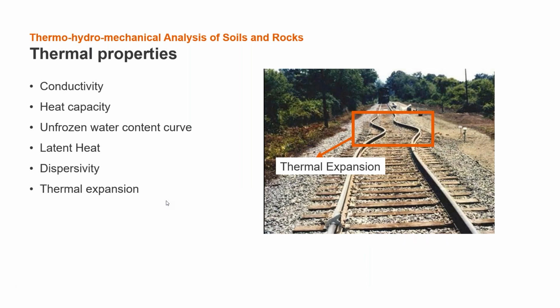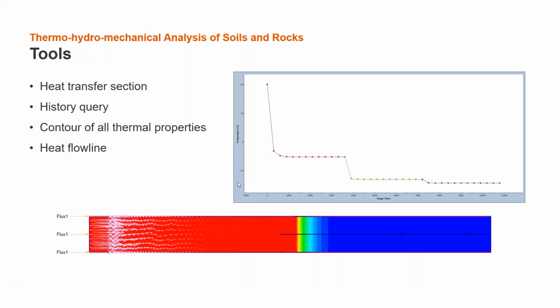We also have the capability to account for thermal anisotropy and thermal expansion, of course. After finishing the computation, users can easily see how much heat was transferred through the sections using the heat transfer sections.